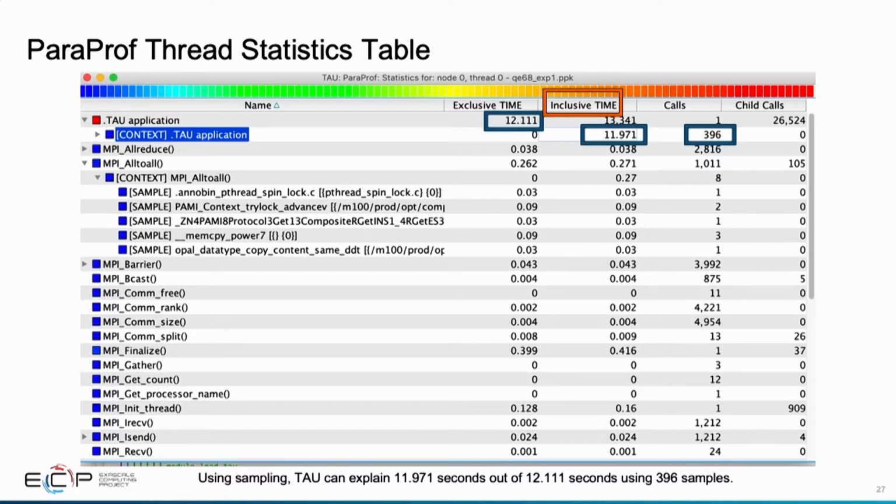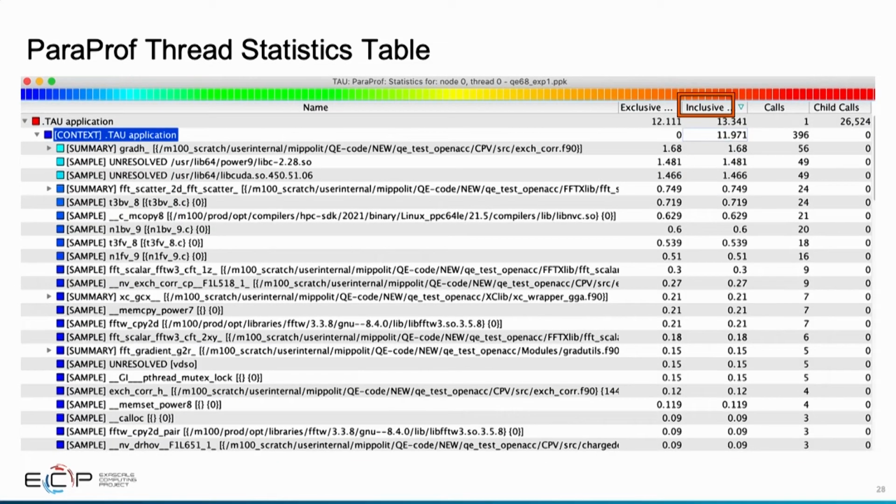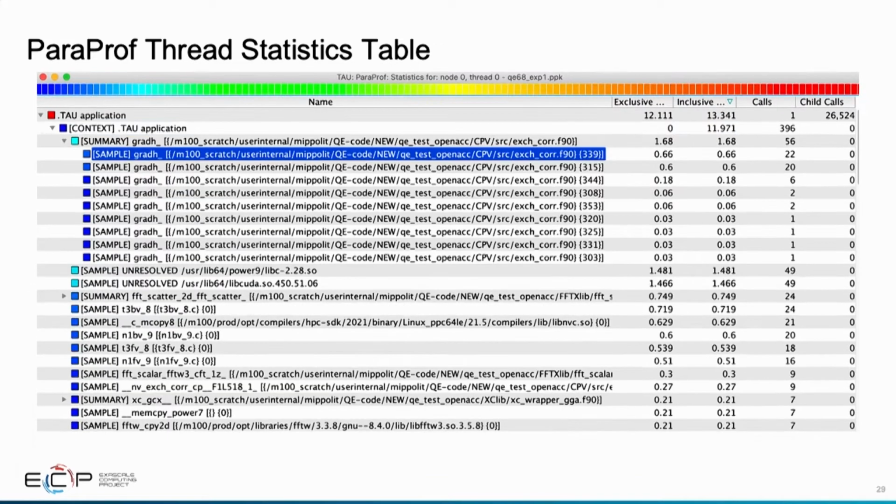So then you can look at the samples by expanding that, and then you will see that 11.9 seconds came from a function called grad_h_, and then there were some unresolved symbols coming from a library called libc, there's a libcuda, and all of the other nodes over there. So you can expand the summary nodes, it will go down to the sample nodes, and you'll see the exact line number where the call came from.